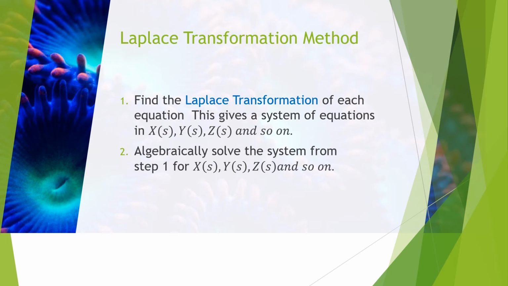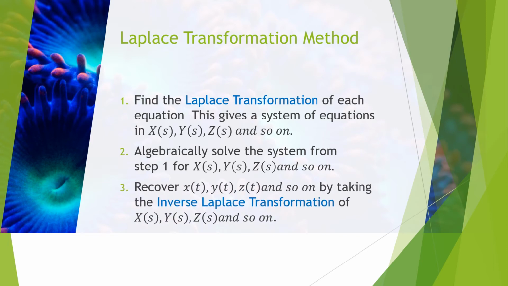The second step is to solve those equations and get the values of x of s, y of s, and z of s. And finally, take the inverse Laplace transformation of these three results and get the solutions x of t, y of t, and z of t.